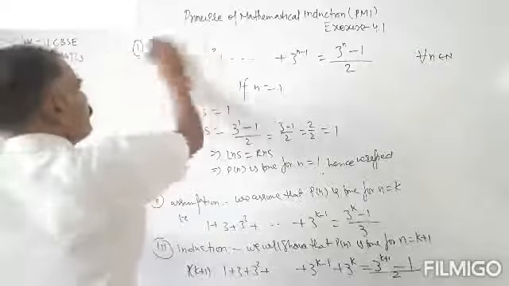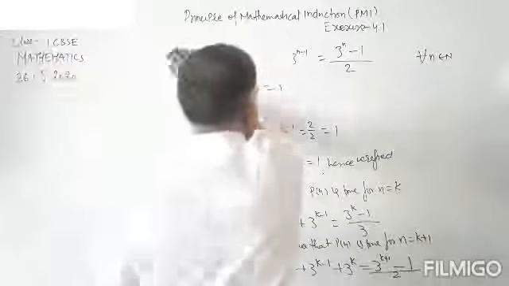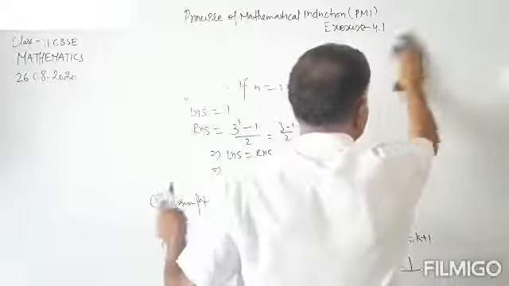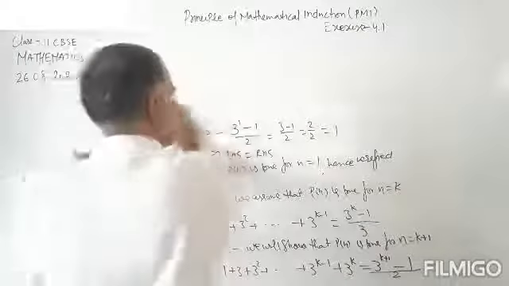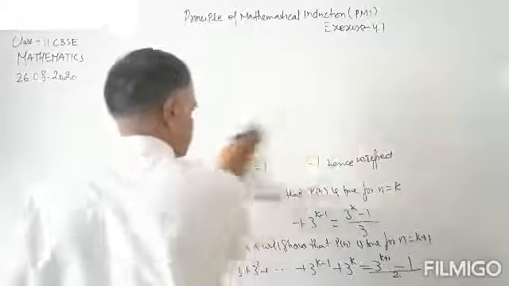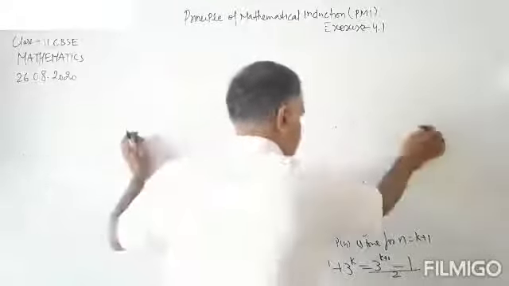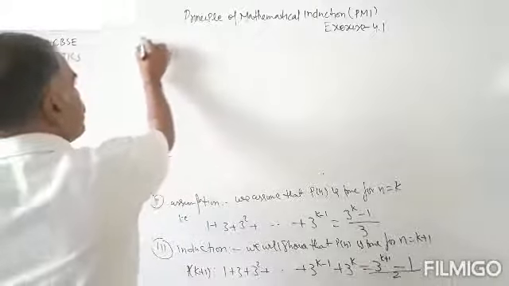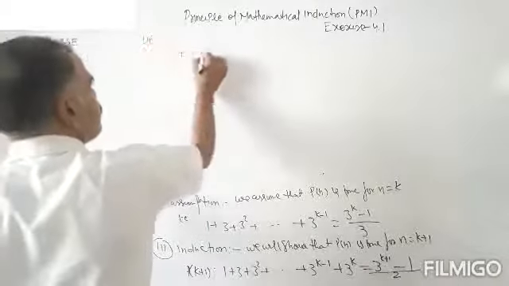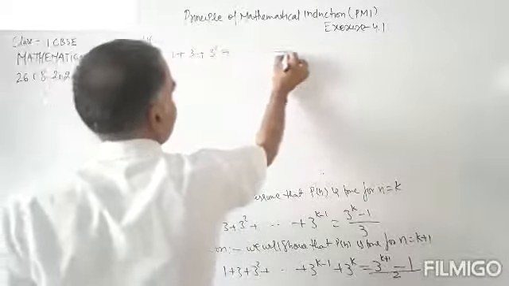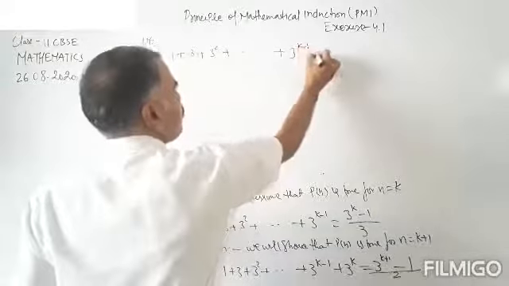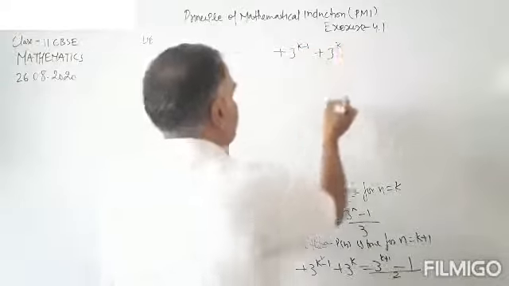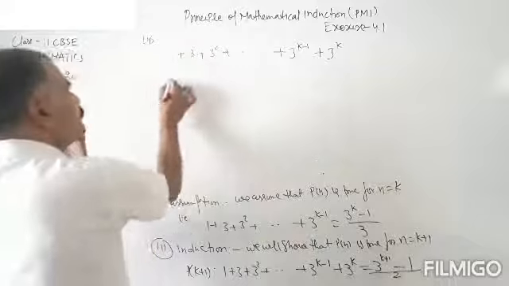Okay, so the left hand side is 1 plus 3 plus 3 square plus and so on plus 3 to the power k minus 1 plus 3 to the power k.